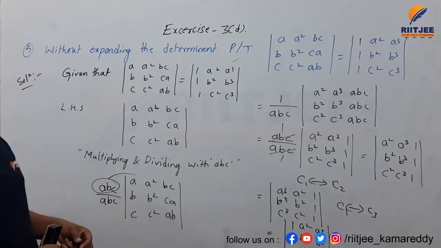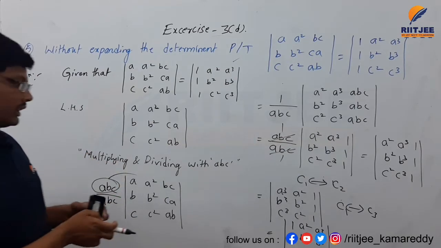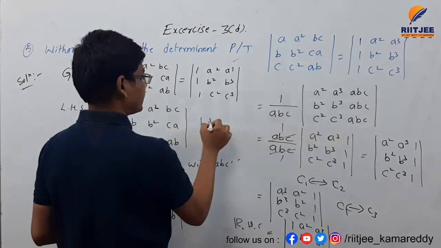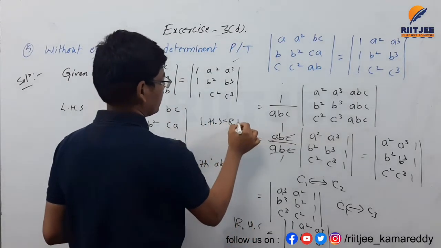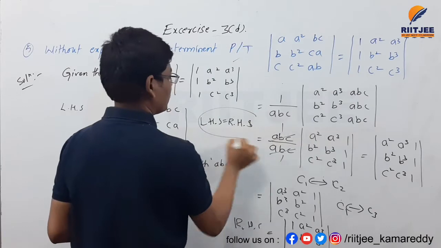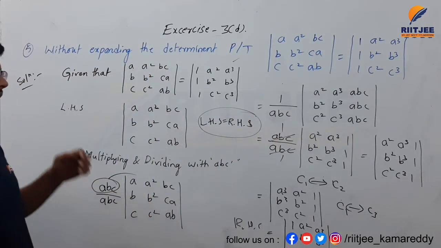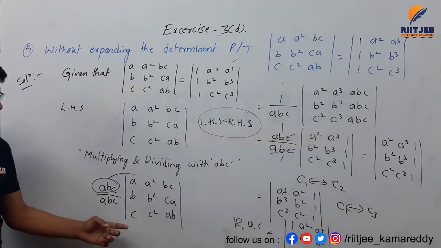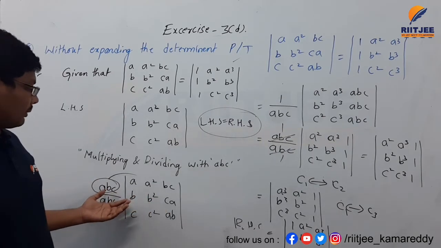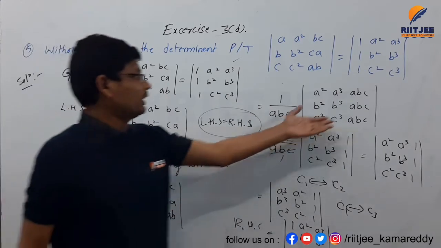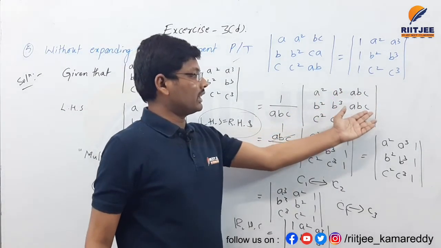First I am taking LHS here, then it is RHS. Thus finally we can say LHS is equal to RHS. This is the final solution. Here I am taking LHS, multiplying and dividing with ABC. If you multiply A to R1, B to R2, C to R3, then C3 will become ABC.